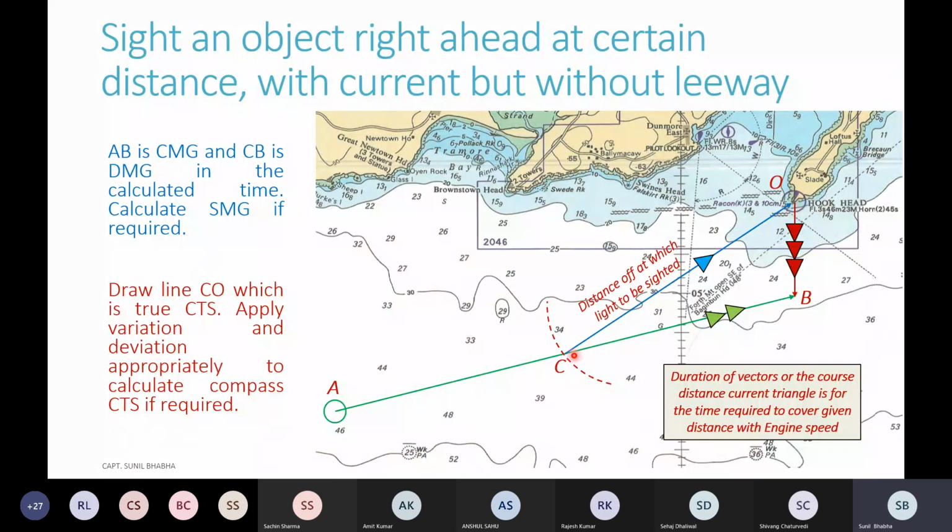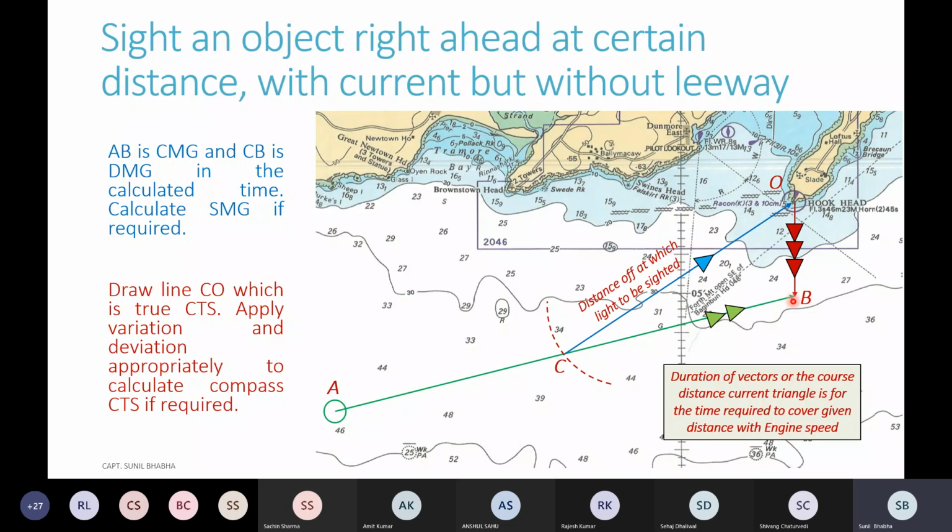Let us say if the distance was 12 miles and our engine speed was also 12 knots, then this triangle is for 1 hour. So Charlie to Oscar is the CTS and engine distance for 1 hour.